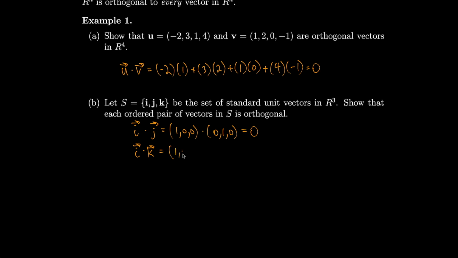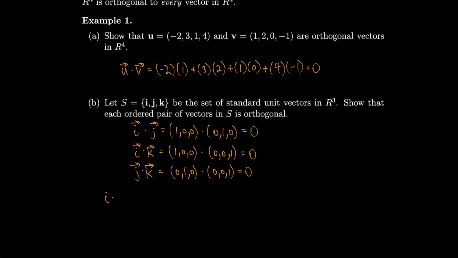is (1, 0, 0) dot (0, 0, 1), which is 0, and j dot k is (0, 1, 0) dotted with (0, 0, 1), so that's 0.